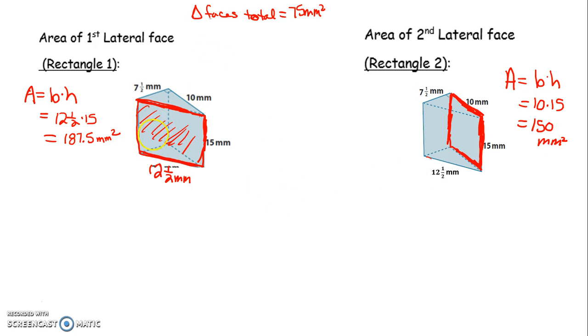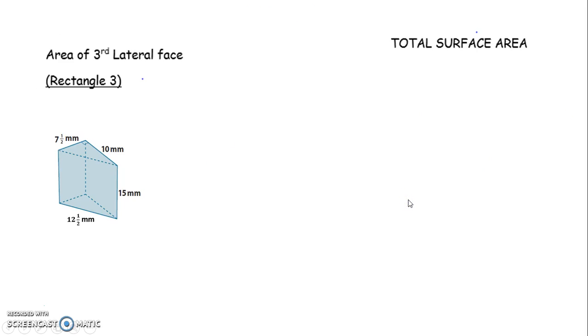All right, so now we have the triangular faces being 75 millimeters squared. We have rectangle 1 being 187.5 millimeters squared, and rectangle 2 being 150 millimeters squared. Let's figure out for rectangle 3. I better write these all down.